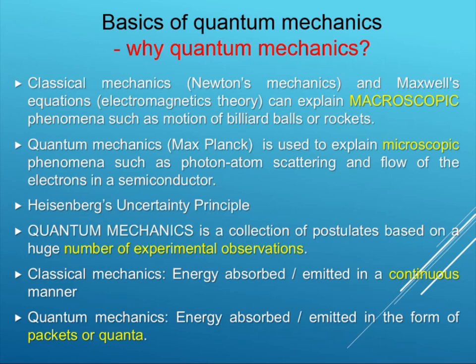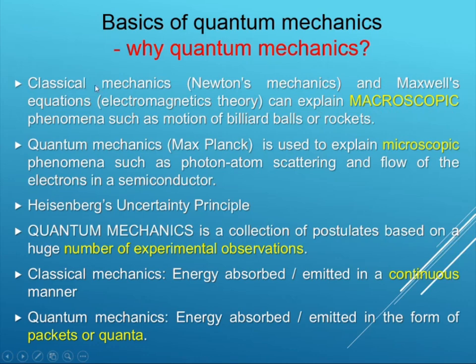For macroscopic particles, bigger particles, we can determine the position as well as the momentum. But for microscopic particles, it is not possible to determine the position and momentum of such a particle. Hence quantum mechanics successfully explains the properties of the microscopic particle, whereas classical mechanics successfully explains the properties of the bigger, macroscopic particle.